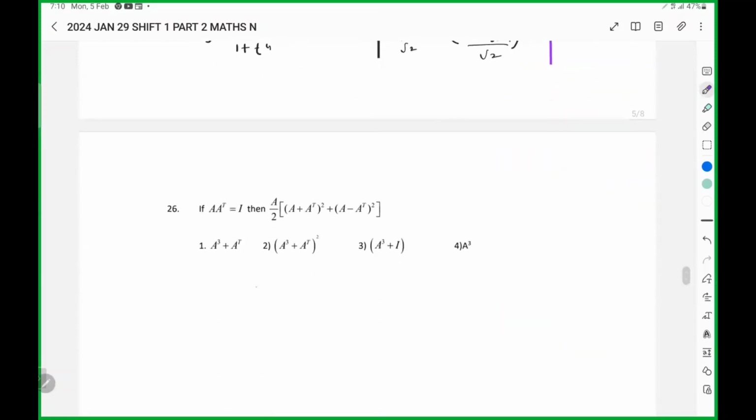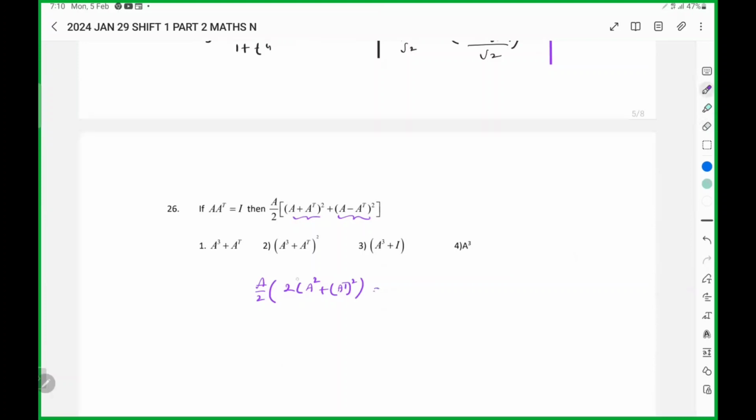So this one is simple. It is like a plus b whole square, a minus b whole square. In fact, a plus b whole square, we have to write it as, okay, that anyhow simplification, they get cancelled out.